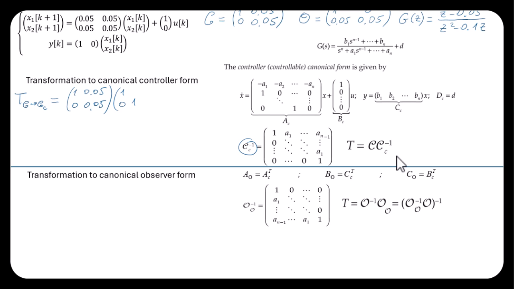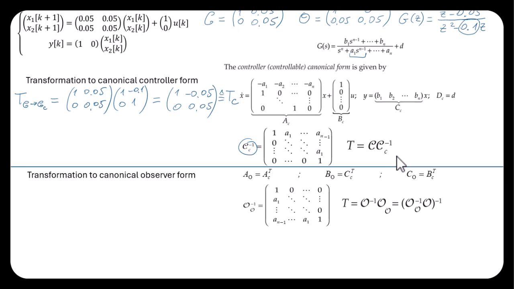But what is a1? a1 is the coefficient sitting here in the transfer function, so it's negative 0.1. Alright, so now we can compute that, and we will get matrix 1, negative 0.05, 0, 0.05, and we define that as transform to a controller state.